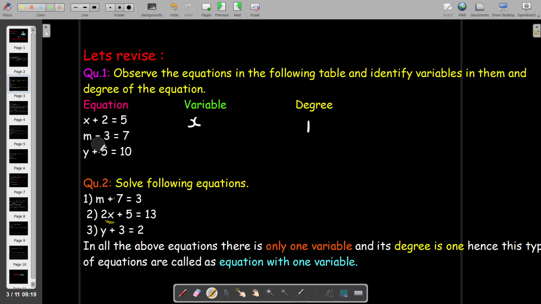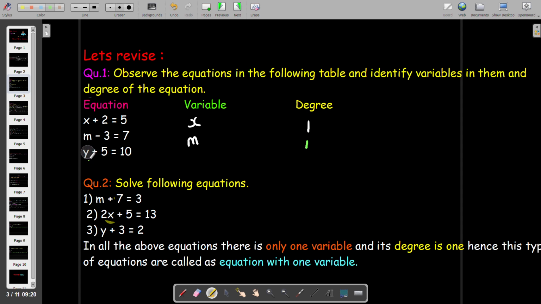And in this equation, which is the variable? m is the variable. And the power of the variable is how much? Nothing means 1. Therefore, in this equation, m is the variable and the degree of this equation is 1. Now, observe the third equation. Which is this equation?